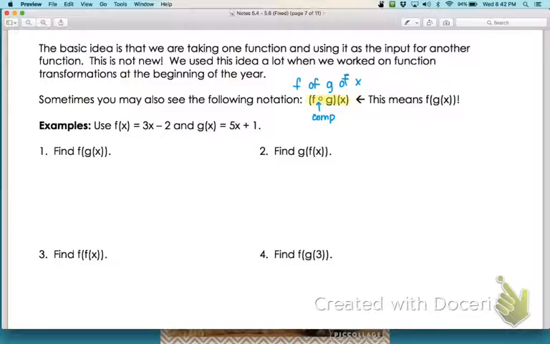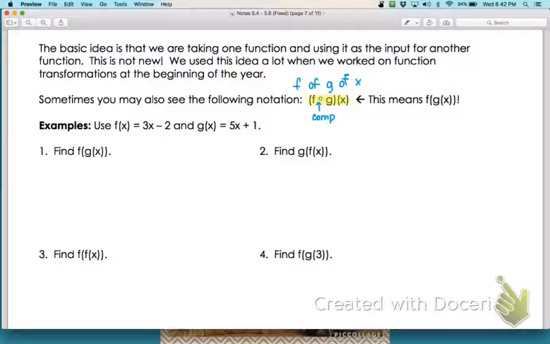So that basically says f composed with g of x. This one here is more similar to the notation we saw yesterday, like f plus g of x. So here it's kind of using composition as another operator, but it means the exact same thing as what we wrote before, f of g of x.